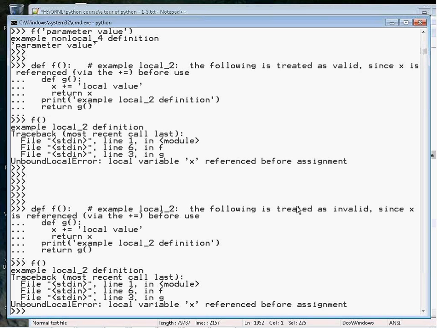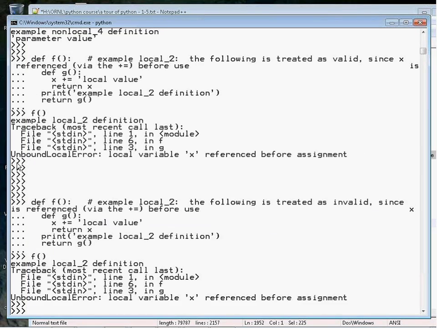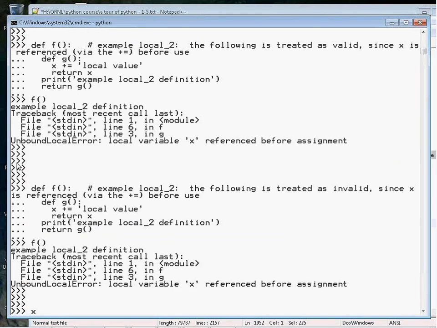The plus-equals operator is incremental: it takes the value and updates it based on its current value. X equals some string, X equals with X.